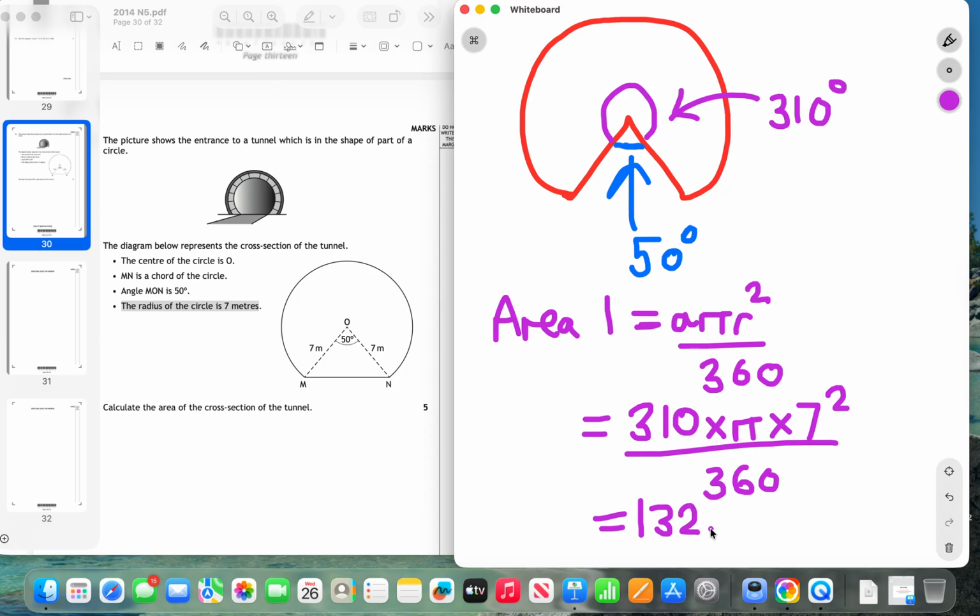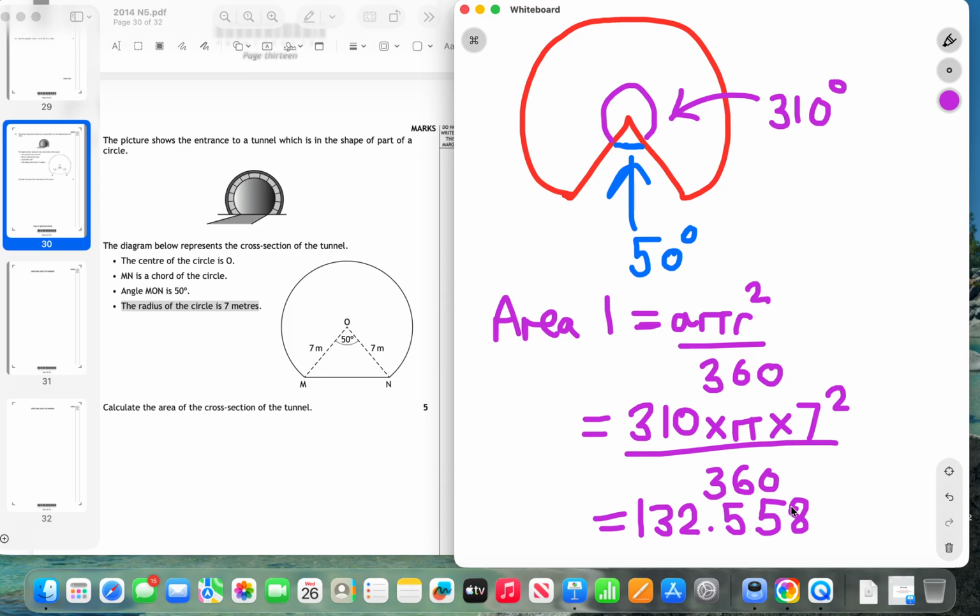You want to keep at least 2 decimal places in this one, but I'm going to keep 3 just in case. I'm going to put 5. So to be safe, we're going to put 558. A common mistake that many students make is rounding prematurely.